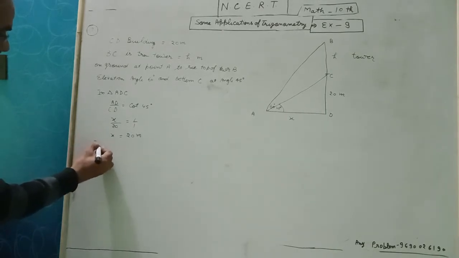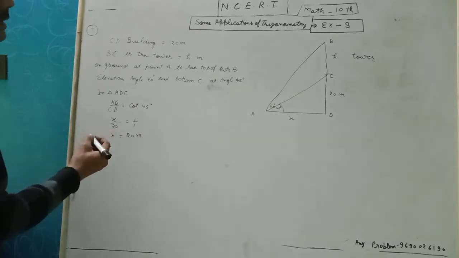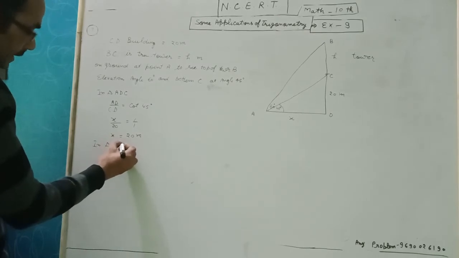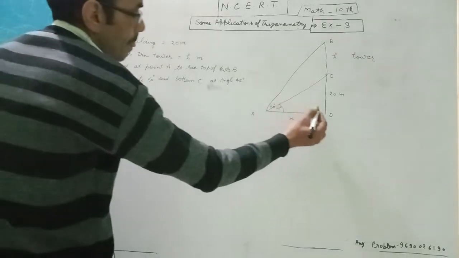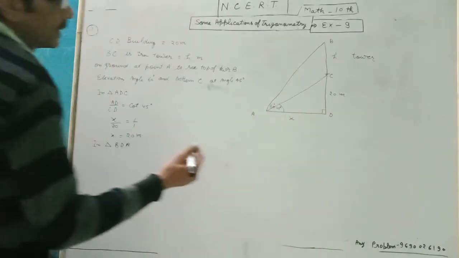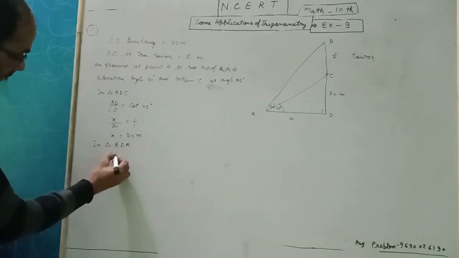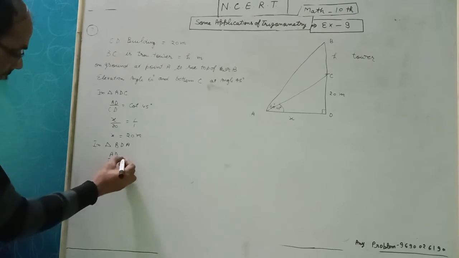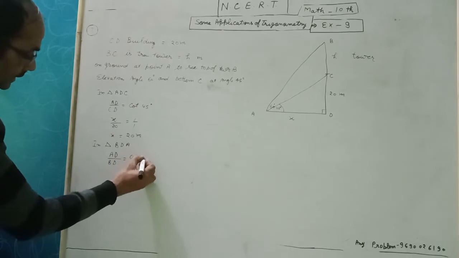In triangle BDA, angle D is equal to 90. AB is hypotenuse. AD upon BD, base upon perpendicular, is cot 60.